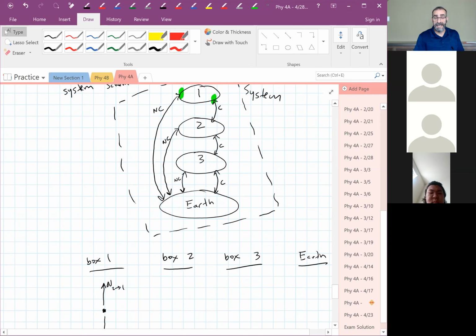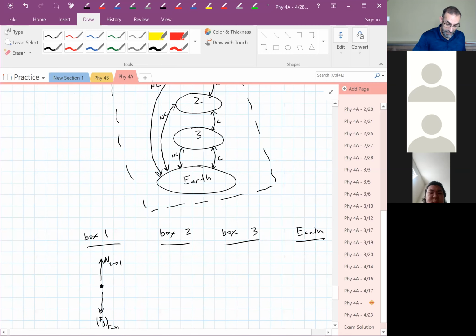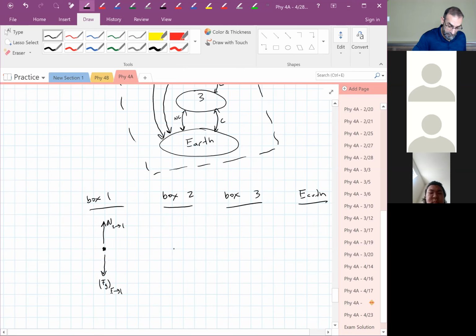Now let's look at box 2. I'm expecting to have 3 forces in my free body diagram for box 2. And if I draw my free body diagram, what do I get? Three pushing on 2 up. And down, I've got the normal force 1 on 2. And I also have force of gravity, Earth on 2.